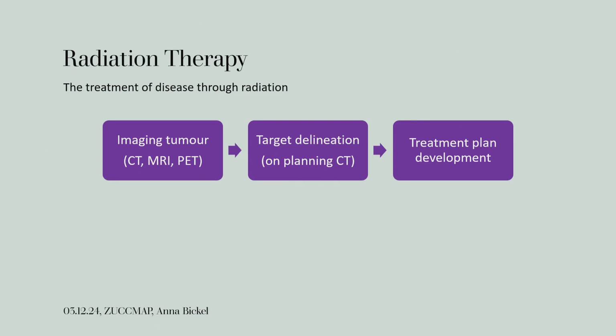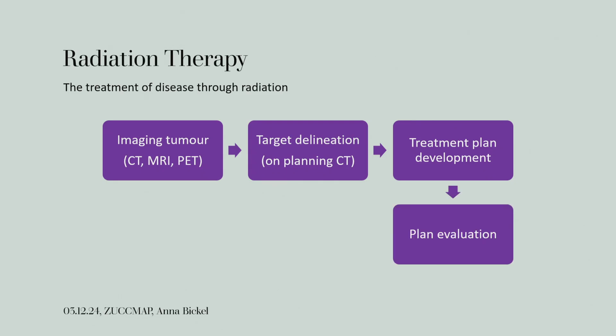When we are happy, we first have to evaluate the plan, so we have to test it, not on the patient, but on different testing devices. We have to be really sure that the plan is what we want it to be, because we don't want to accidentally give too much radiation or too little. Then the plan delivery is where we deliver the plan.